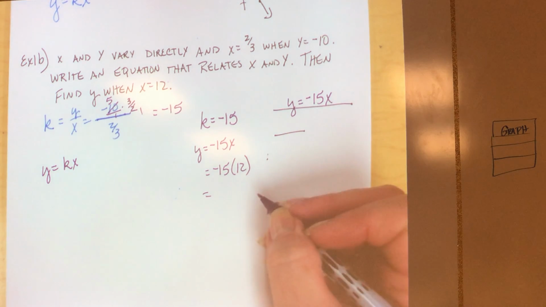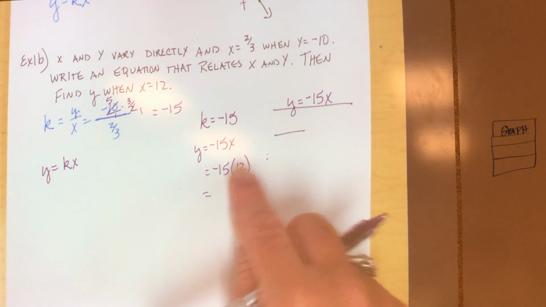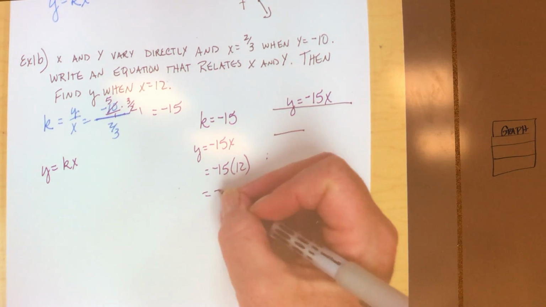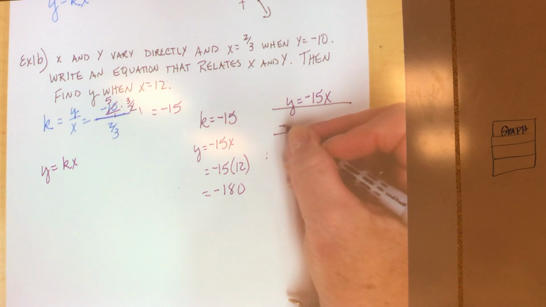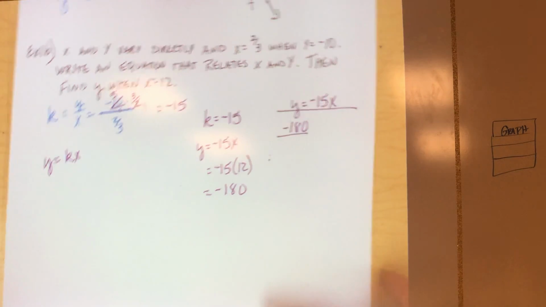Negative 15 times 12. 10 times 15 is 150, right? And then 2 15s is 30, and 150 and 30 make 180, so that's negative 180. Do we have to put y equals negative 180? No, I'm okay. They said find y, I found it. Sitting right there. All right, anybody got a question? Everybody okay? Was that bad?